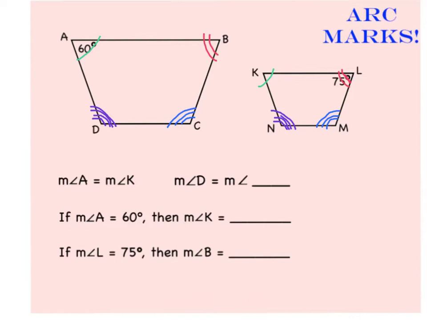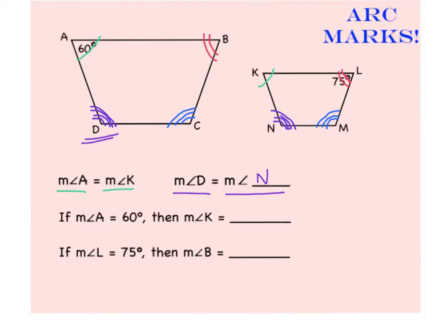Okay, because corresponding angles have the same measure, we know that the measure of angle A is equal to the measure of angle K. We also know that the measure of angle D is equal to the measure of another angle, and since we can look at our arc marks, angle D had 4 arc marks, and angle N is the angle that corresponds to it, so those will be equal in measure.